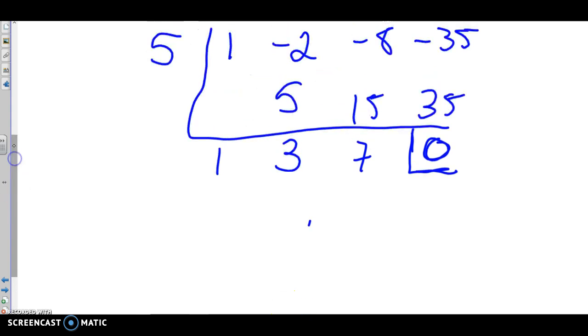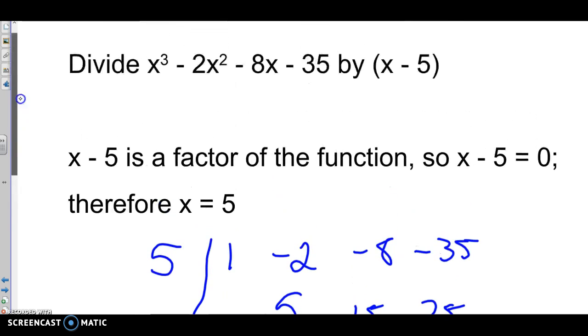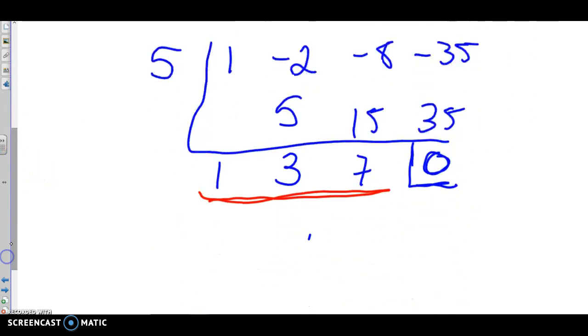So now what this 1, 3, and 7 represents are the coefficients of the polynomial that's left. So I started with a cube. I'm going to drop 1 degree. So now this is going to become 1x squared plus 3x plus 7.